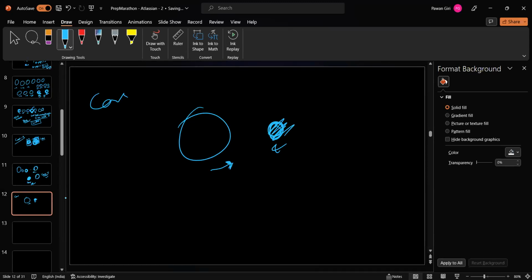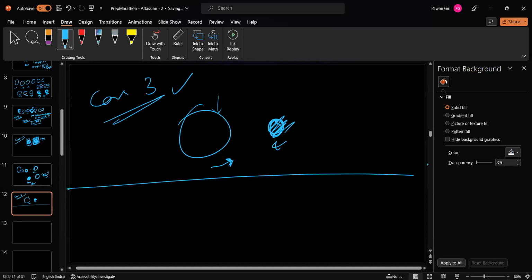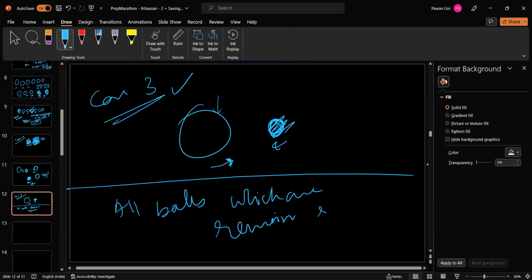I don't need to pop the index of the element present at the top. So these are the three cases that we need to take care of. If you are able to take care of all three cases, then your job is done. At the end, for all the balls which are remaining, you will return those indexes.